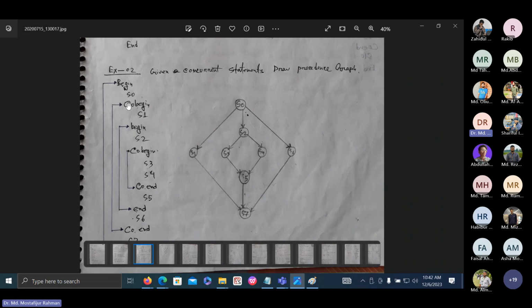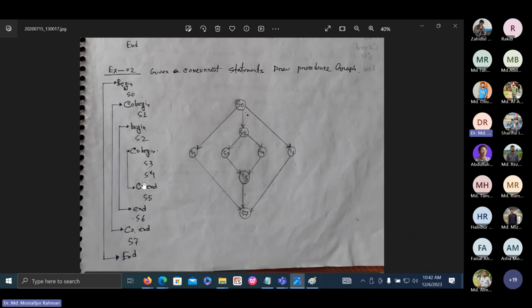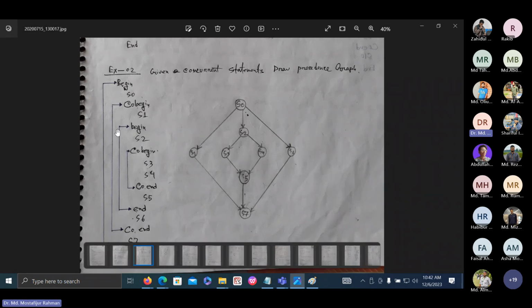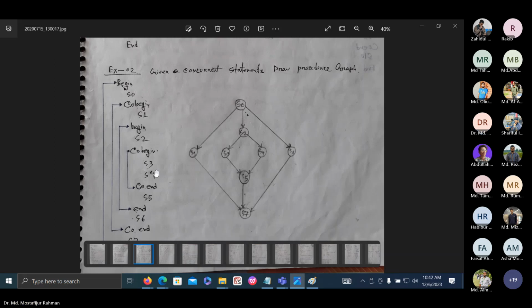Next, we come to the co-begin to co-end. We have S1, S2, then S3, S4. That means we can see S1, then co-begin, co-end.